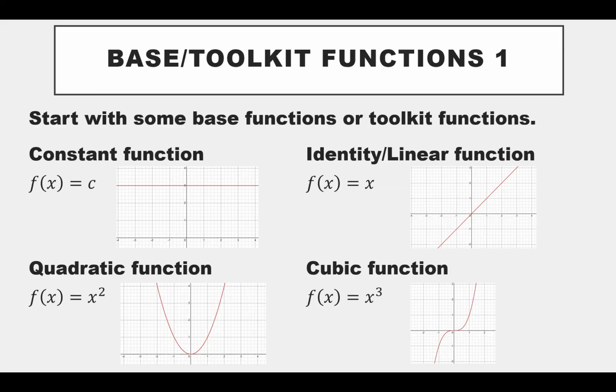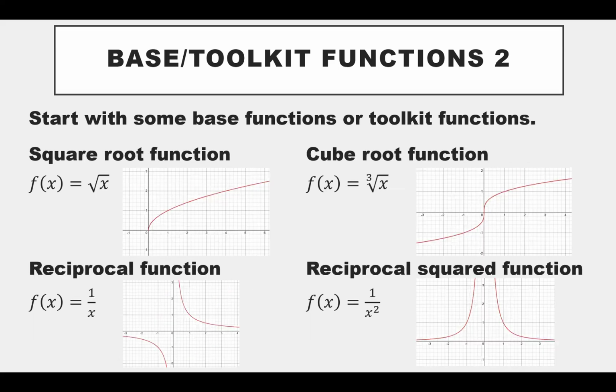These aren't the only base functions or toolkit functions we'll see. Another base function is the square root function. F of x is equal to the square root of x. It starts at the origin. Notice that we are not able to plug in any negative numbers because we don't want to have the square root of a negative. And so it starts at the origin, and as we move towards the right, it grows, but pretty slowly as we move out.